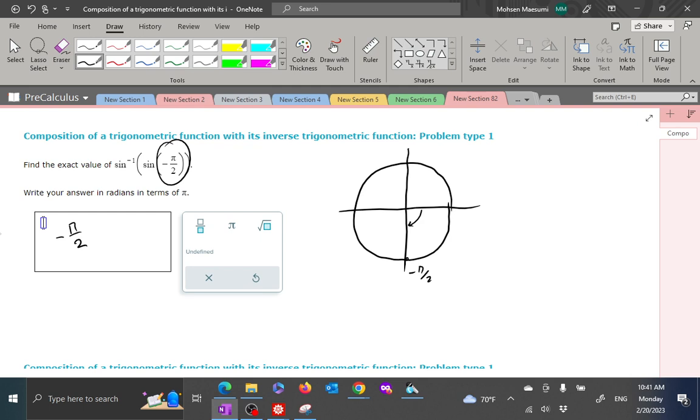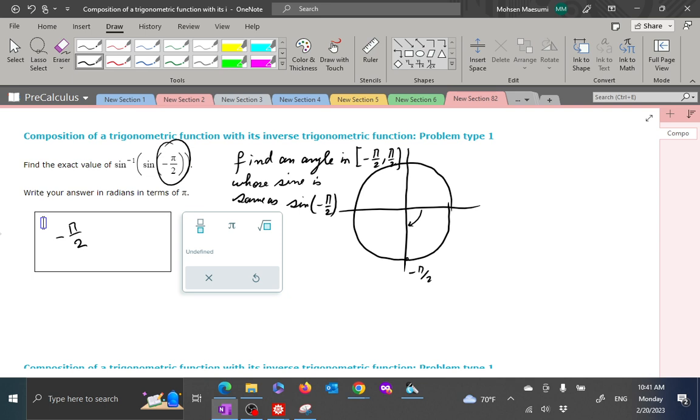So the question here is to find an angle in the restricted range minus pi over 2 to pi over 2 whose sine is the same as the sine of the given angle, sine of minus pi over 2.